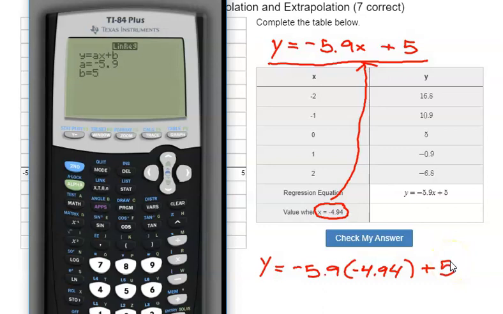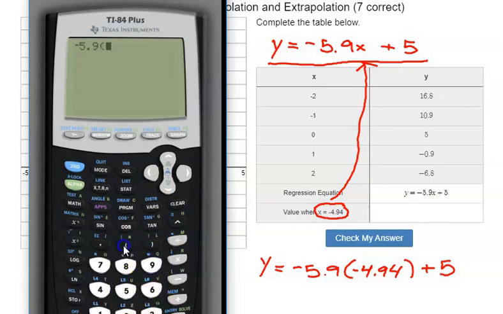Now, of course, that's nothing we want to be doing in our head. So I can come over here and enter that into the calculator. I will clear out my regression, and now I'm just going to evaluate this.